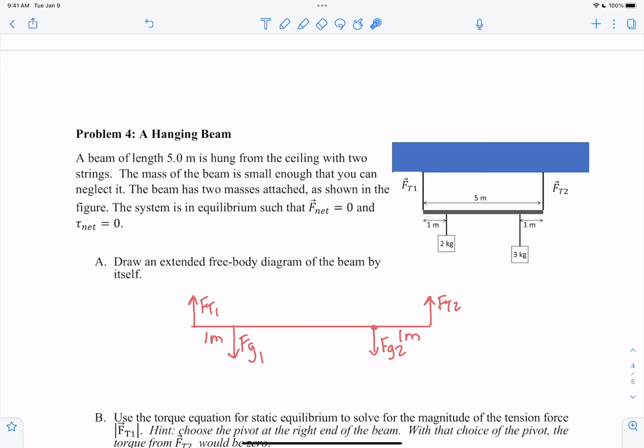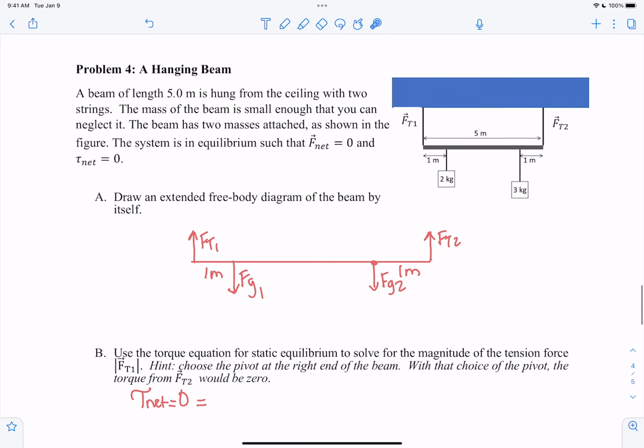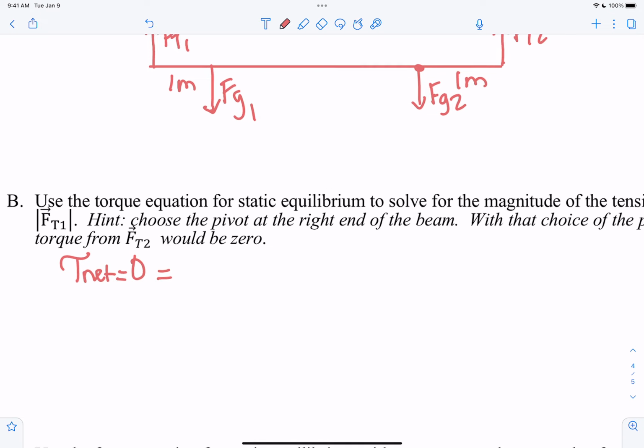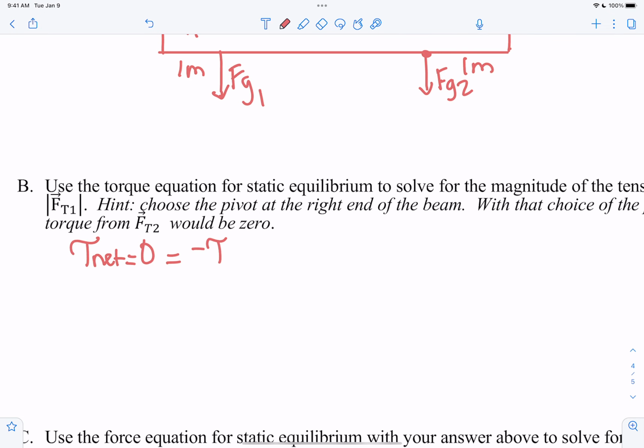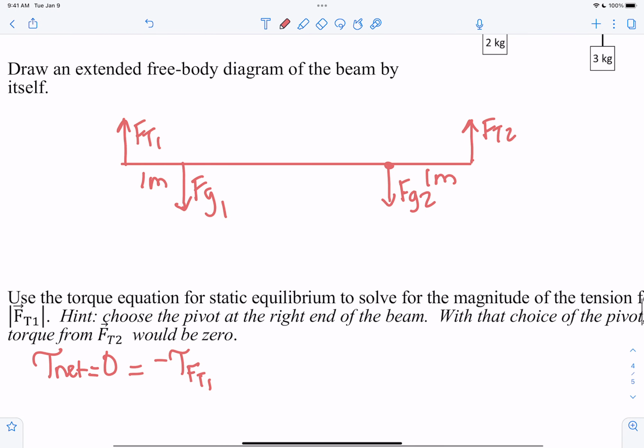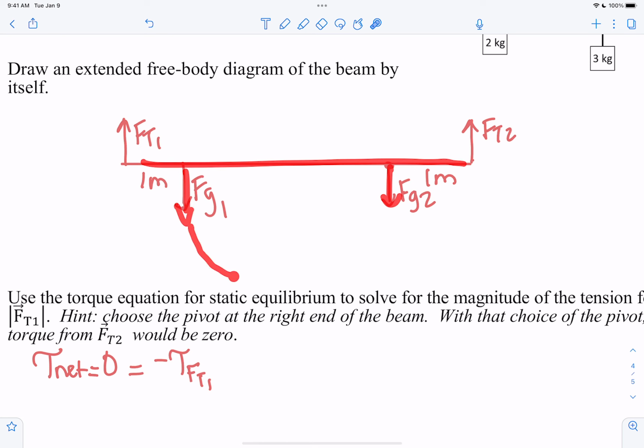So it should be negative torque due to Ft1. That's clockwise. And then we have these two forces for gravity pulling things downwards, like this.